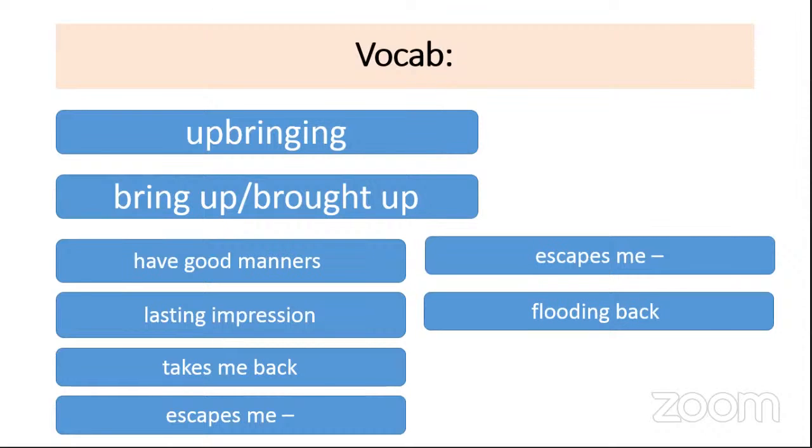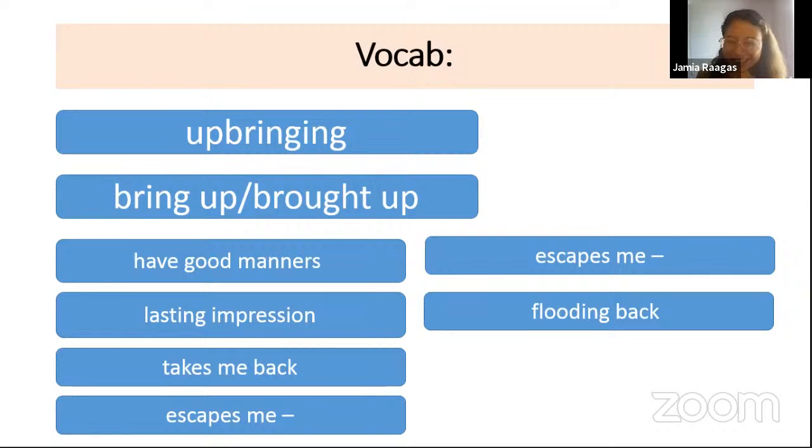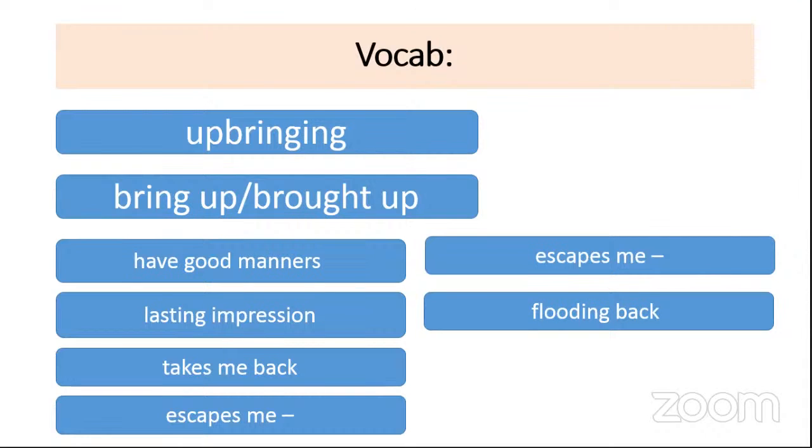Like my neighbor. Yes, my neighbors, and now they left, so I still remember them.